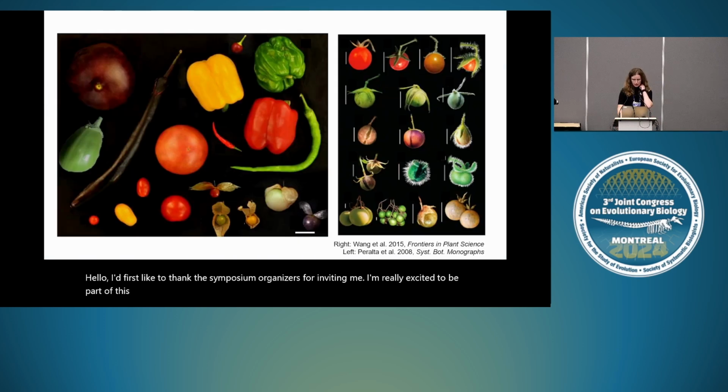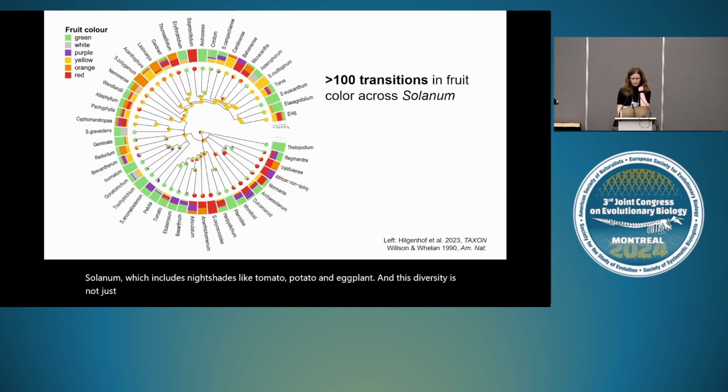Just to start off with some broader context to this system, there's exceptional diversity in fruit color across Solanaceae, but especially in the genus Solanum, which includes nightshades like tomato, potato, and eggplant. And this diversity is not just qualitative; there are over 100 transitions in fruit color across the genus.